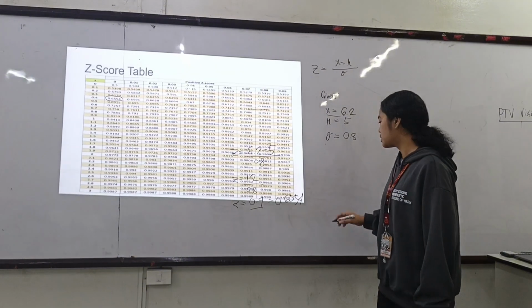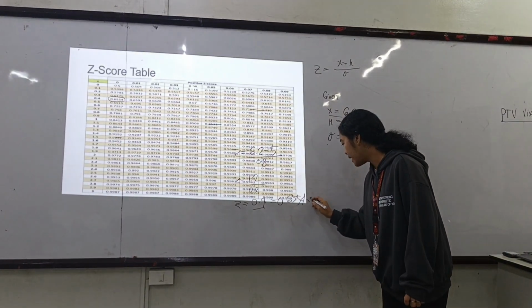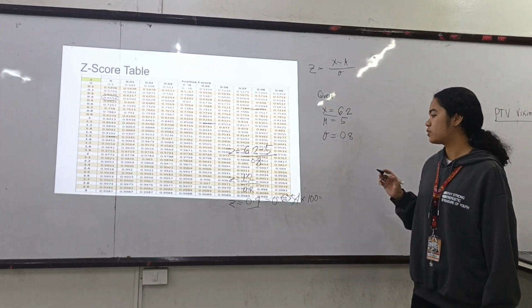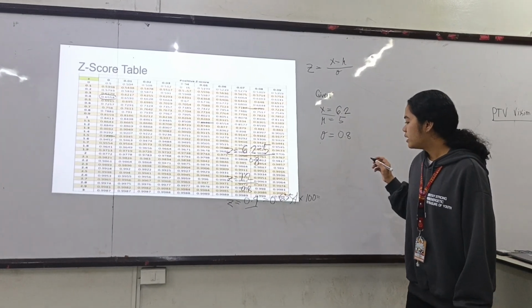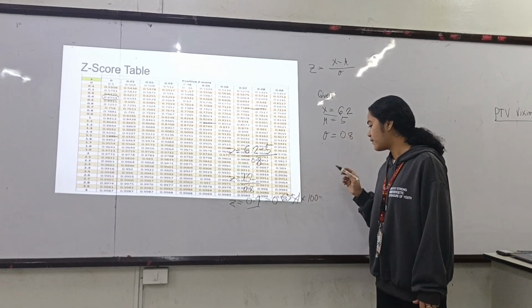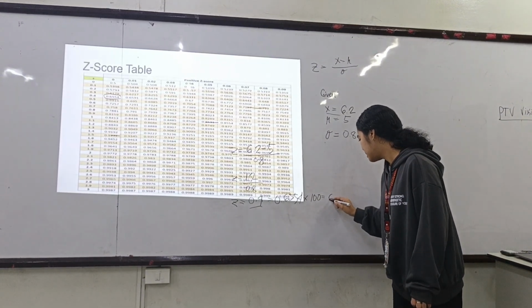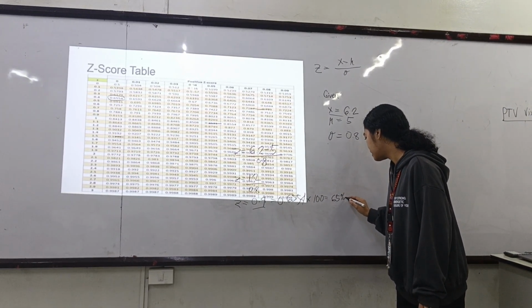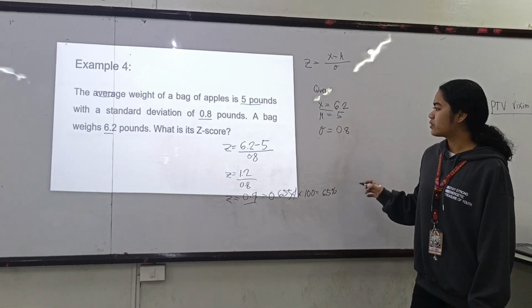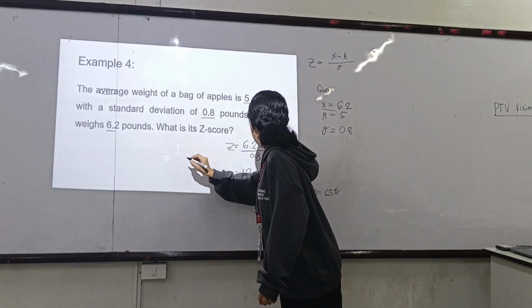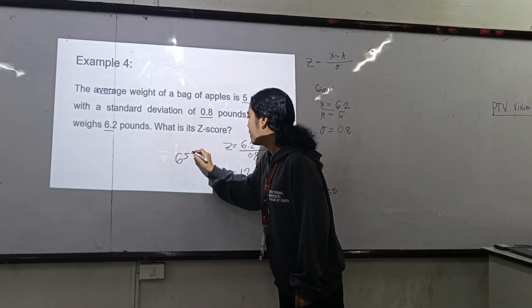And we need to multiply it by 100 to get the percentage of the z-score. 0.6554 times 100 is equal to 65%. So the value of z-score in example number 4 is 65%.